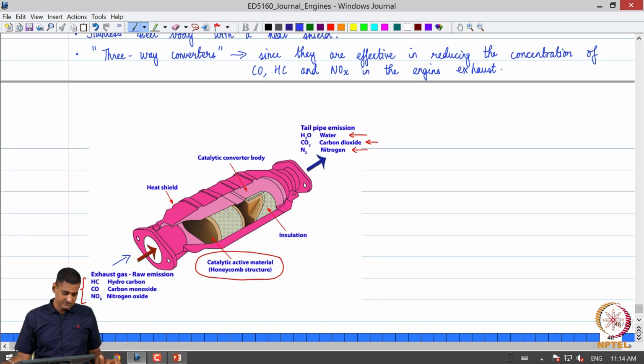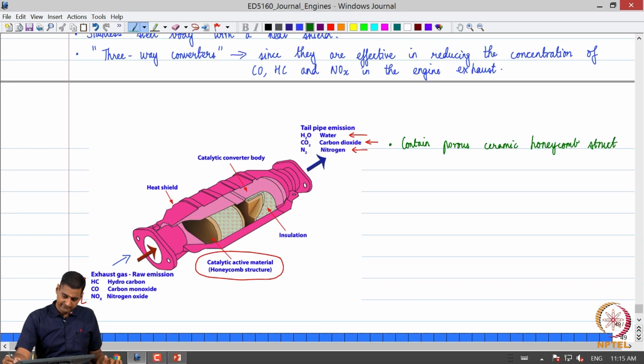Now, these catalytic converters contain porous ceramic honeycomb structures with flow passages through which the exhaust gases flow.